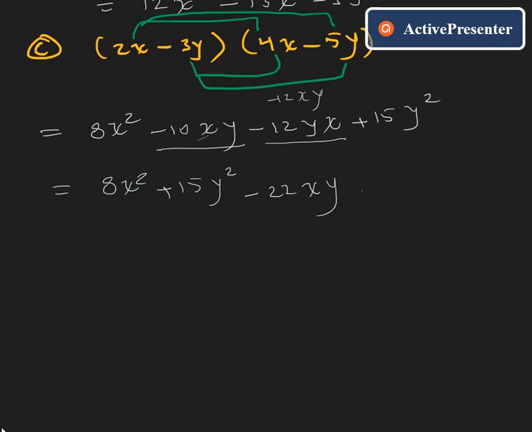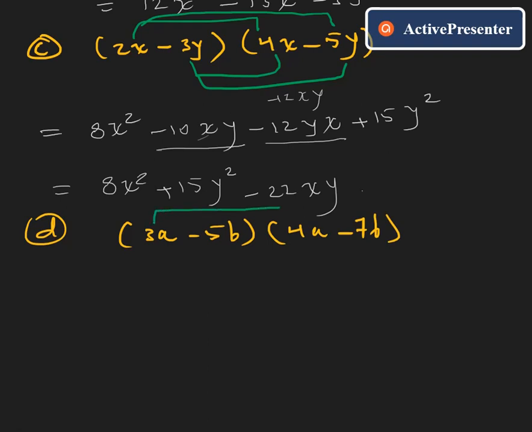Let's now take another question. Let's say we have 3a minus 5b multiplied in 4a minus 7b. So we will multiply 3a into 4a and 3a into minus 7b. Also minus 5b into 4a and minus 5b into minus 7b.